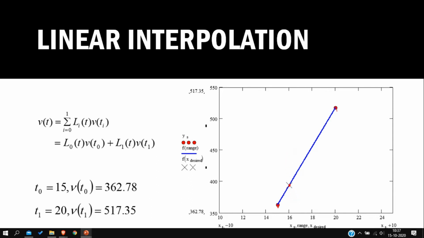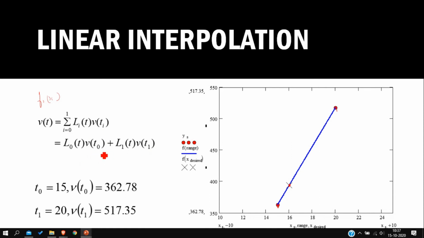And if we are using this Lagrange interpolation procedure, we said that here f1 of x is required. So that is sigma i equal to 0 to 1 of Li of t and v of ti, instead of x we are using t here. So here it is L0 of t and v of t0 plus L1 of t and v of t1.